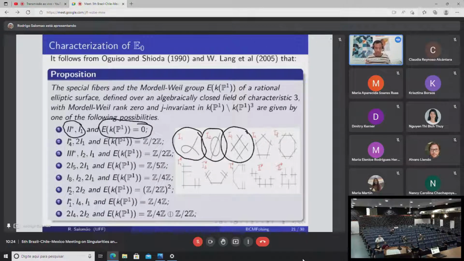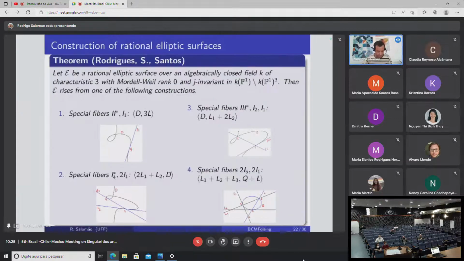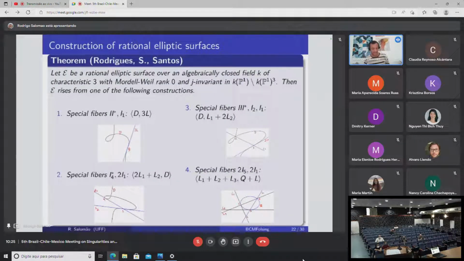So if we do this hard work, this hard job, we will obtain that for each special fiber described in the previous list, we will obtain a pencil such that the fibration with the prescribed special fiber is equivalent to the fibration obtained by blowing up the base points of the pencil.